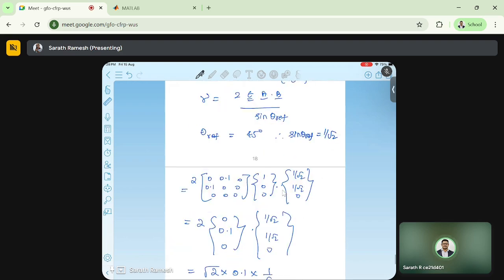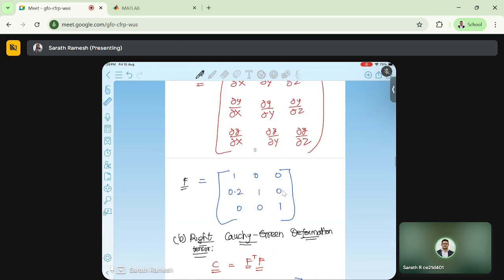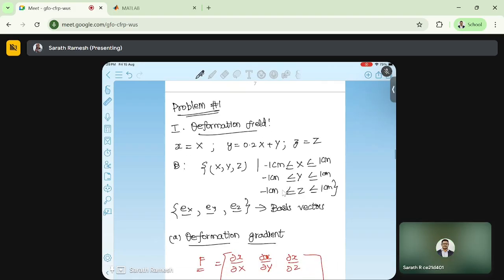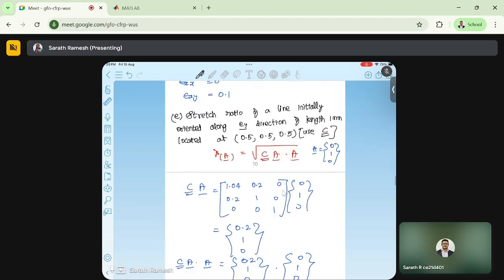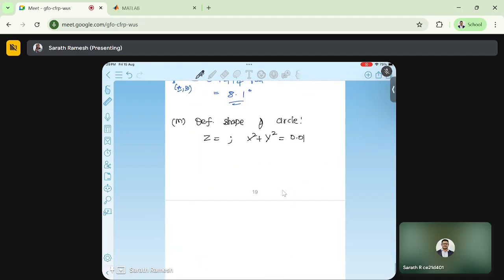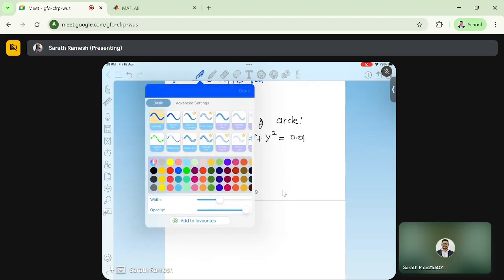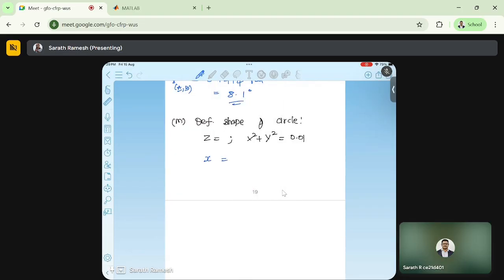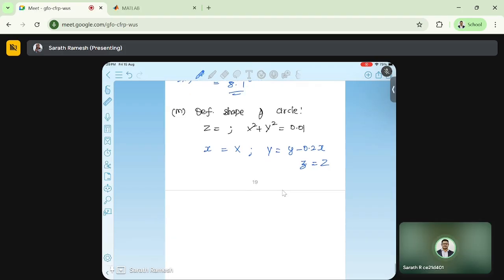So as usual, let's substitute the capital X, the deformation field. So capital X is nothing but small x, and capital Y is small y minus 0.2x. This is from the question, and again small z is equal to capital Z. Now let's substitute all these.